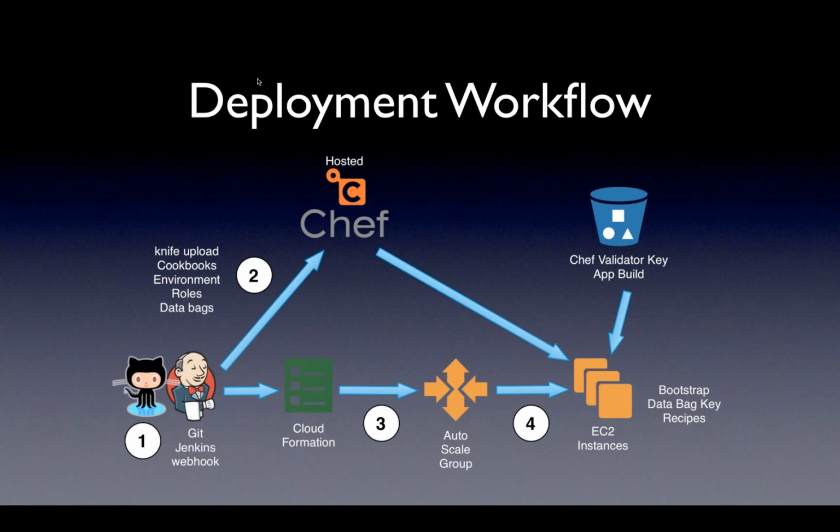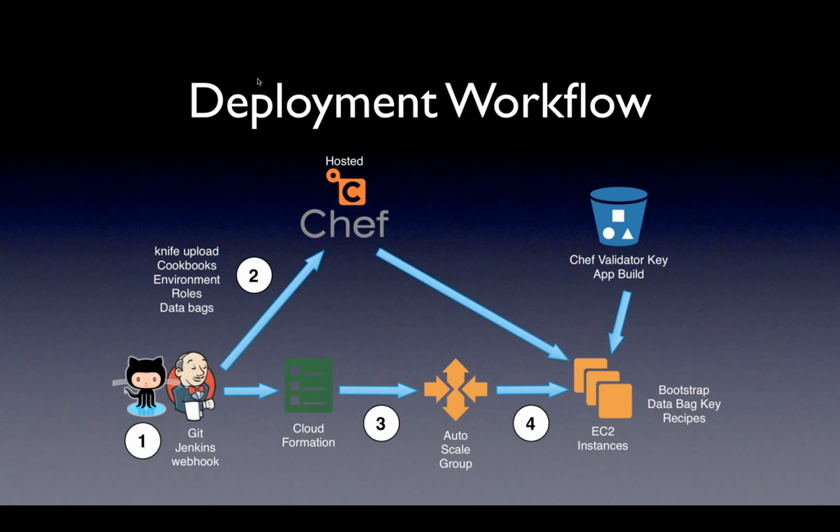As part of the boot up process, the Chef client will grab whatever data bags and recipes that we need for that particular application. And we also host our application builds in S3. So part one of the recipes will come along and download the application build if it's not already baked into the AMI, and configure it and start it up.